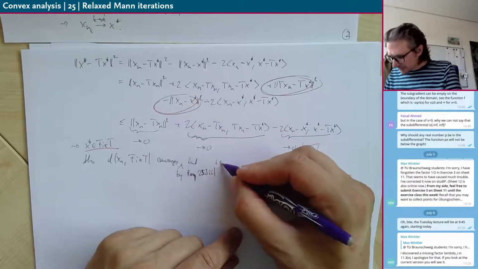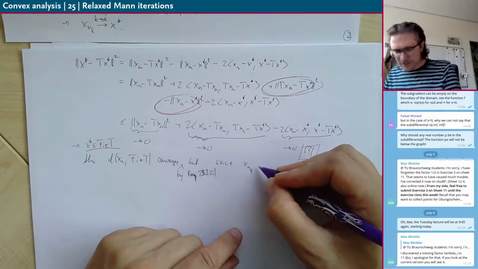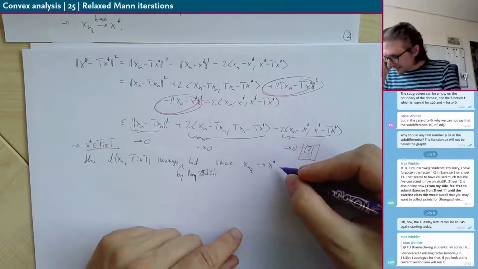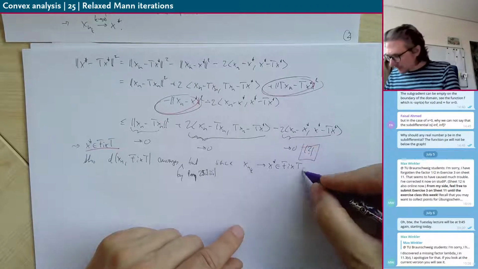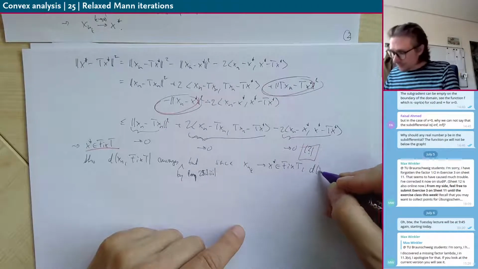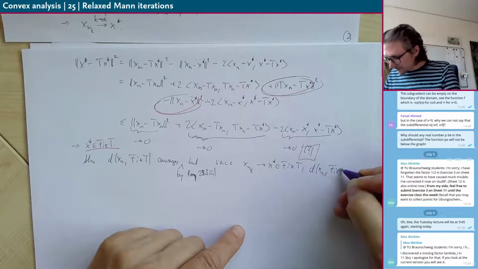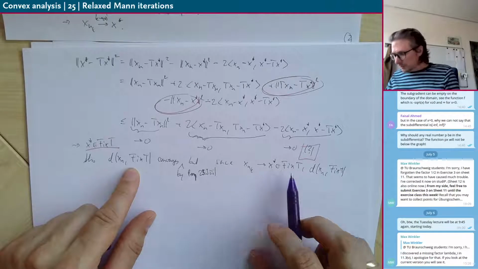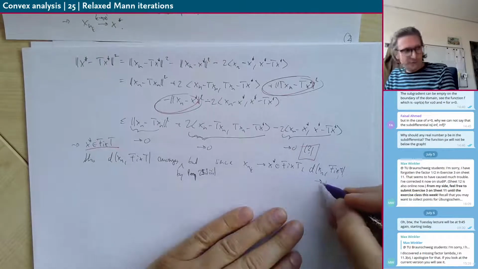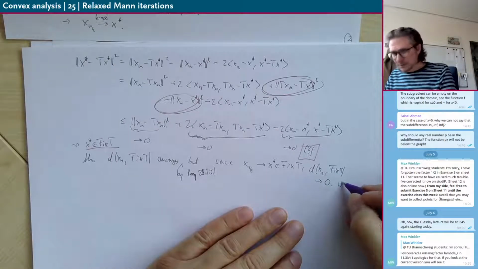But since we also have that along the subsequence, it converges to x*, which is in the fixed point set, we know that the full sequence has to converge to the fixed point set as well. So it does converge to something. Along one subsequence it converges to 0, so the full sequence here has to converge to 0. And that was the proof.